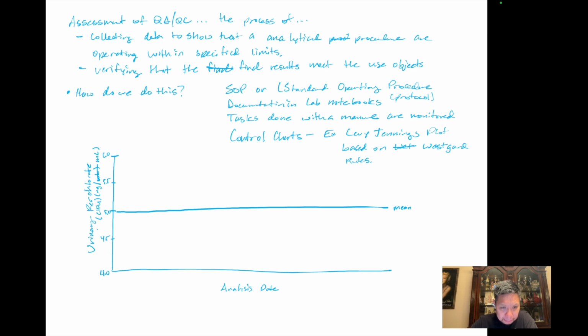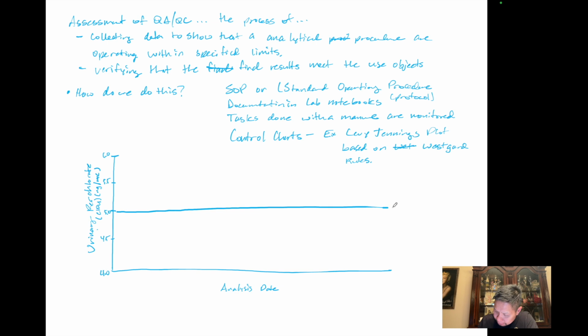So let me erase that real quick. While I'm at it, I'm going to fix this too because that bothers me right here. There we go. Oh, it already looks better. Makes me feel better already.